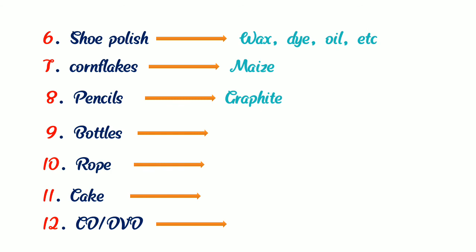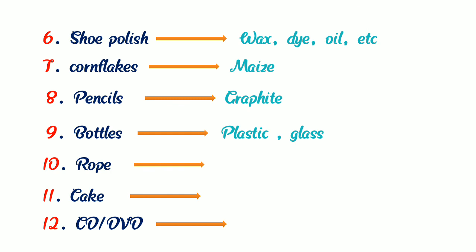So, graphite is used to make pencils. Okay, now number 9, bottle. Which material is used to make a bottle? It's plastic and glass. So, plastic and glass are both materials used to make bottles.